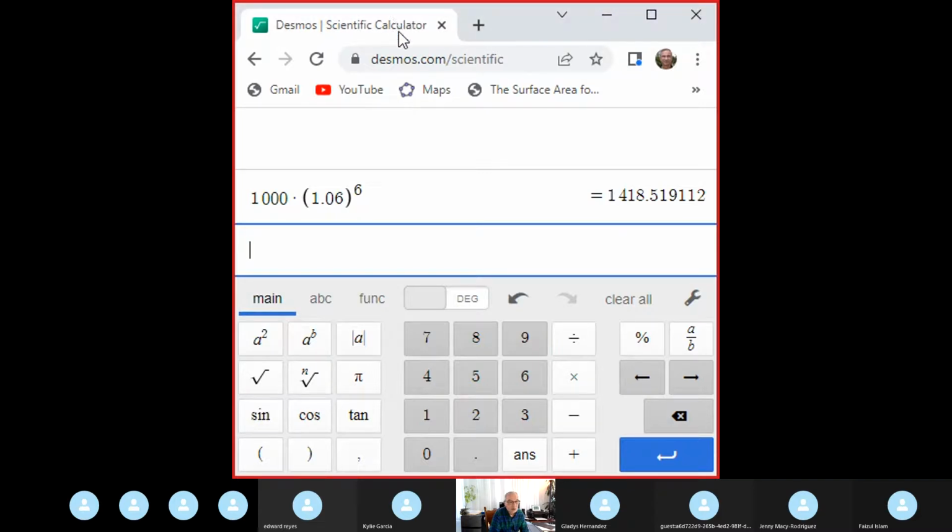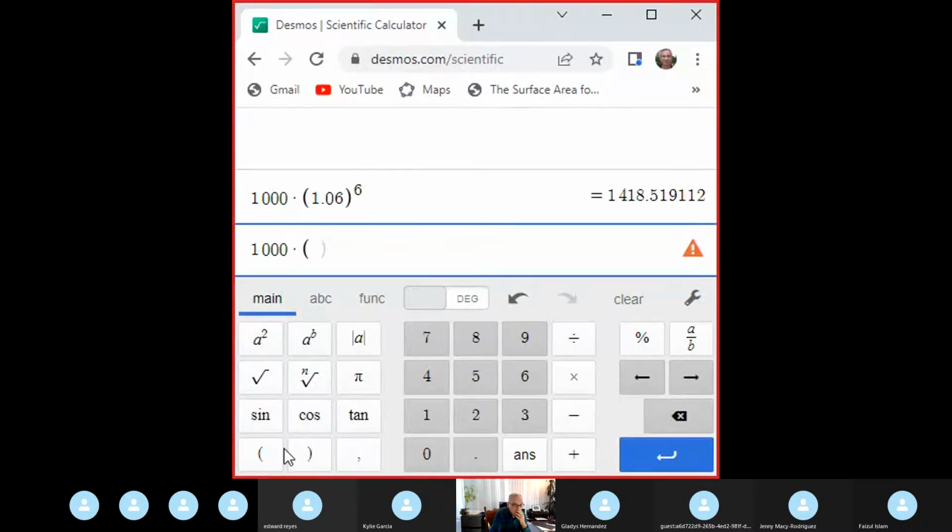Do you see, Chelsea, my own calculator? Well, it's 1,000. You type the 1,000 in your calculator. You put multiplication, then open the parenthesis.